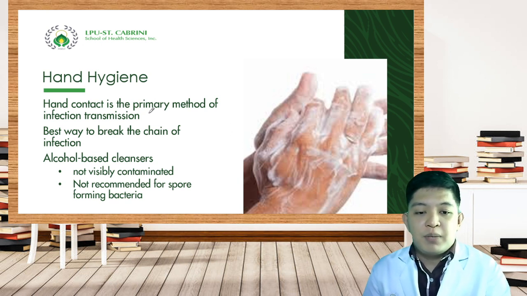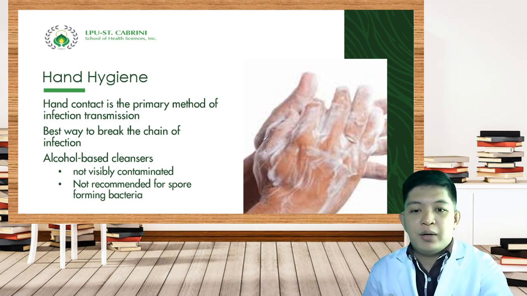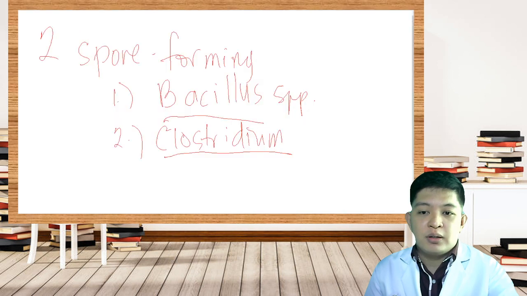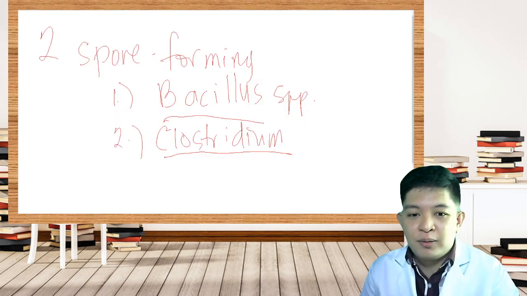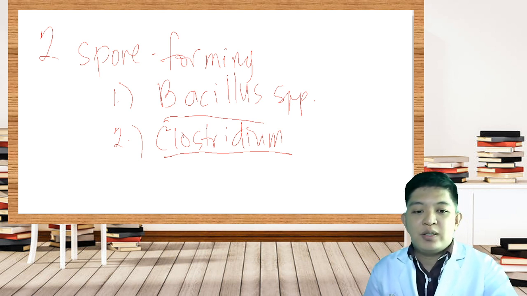Okay? Bacillus and Clostridium, sila lang naman yung ating spore-forming. I'm sorry, I'm not sharing my whiteboard. Yan. Ang ating spore-forming bacteria ay si Bacillus at si Clostridium. So please take note of that.